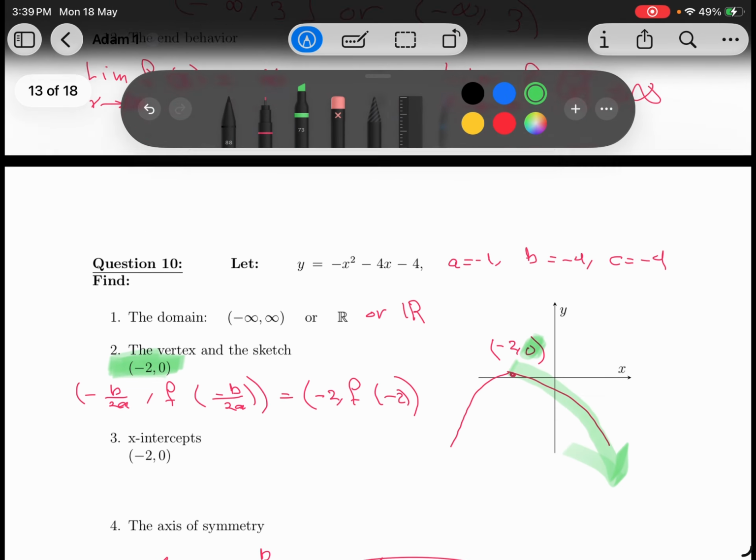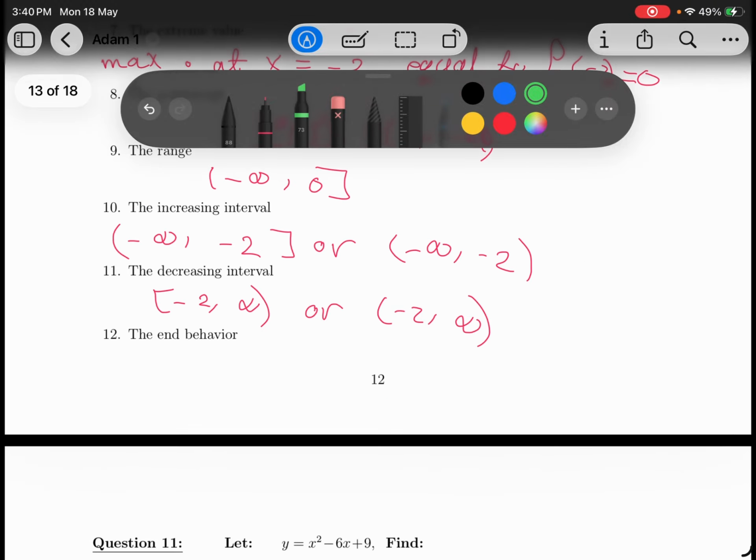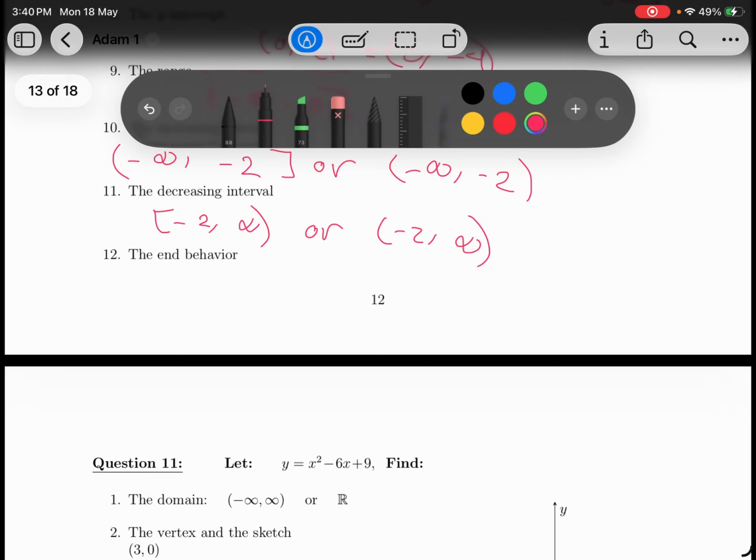And here the end behavior, this creature with 2 tails, and these 2 tails are diving down to minus infinity. So I will write this using limit form. The limit of f of x, when x goes to infinity, is minus infinity, diving down, okay?